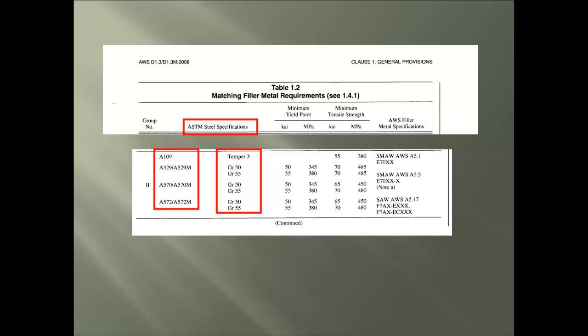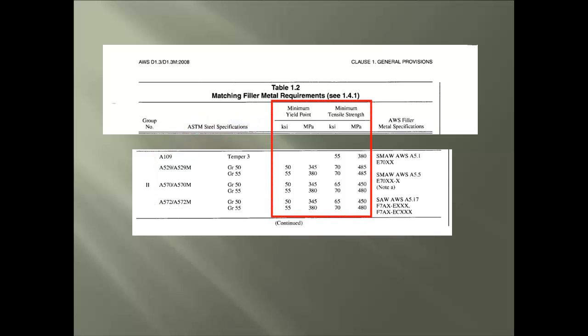Now a quick tip. You might have seen the same base metal found in another grouping, but slow down and check the grade, which will be different. Next is the two areas that cover the minimum yield point, providing the KSI, which means kips per square inch, and the MPa, megapascals, numbers.